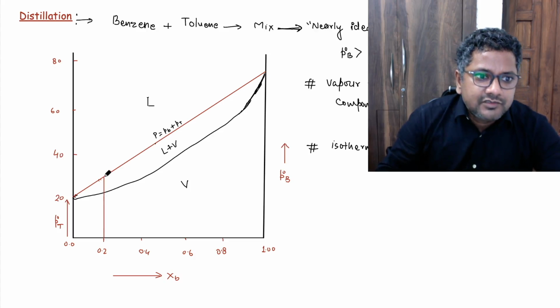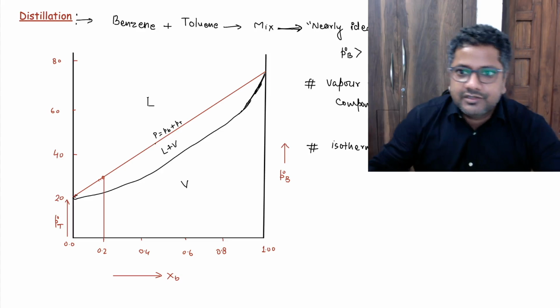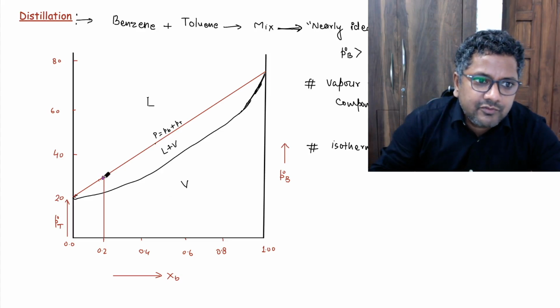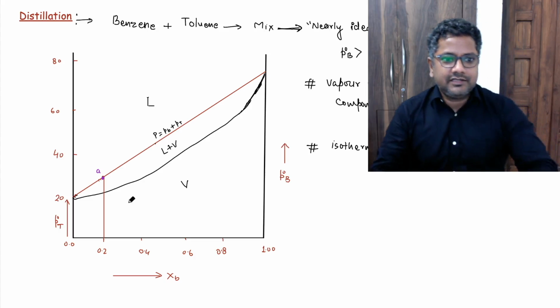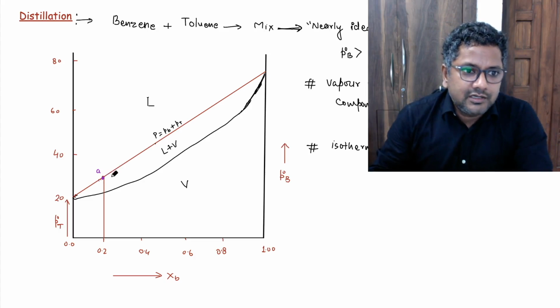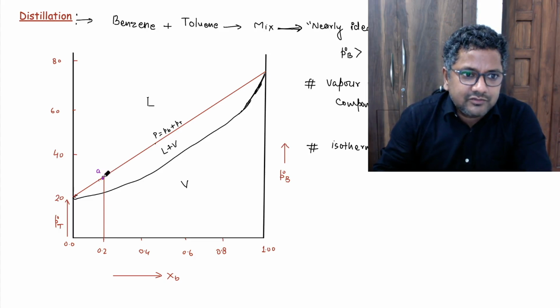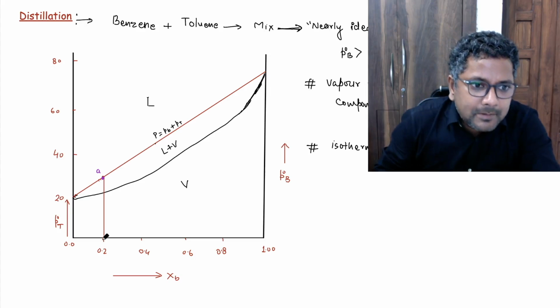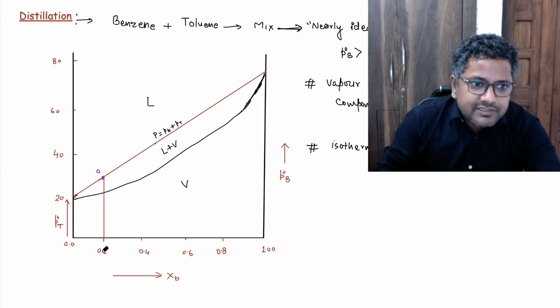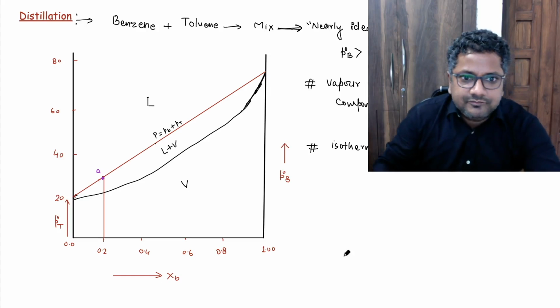Okay, so I am taking this point, right? See carefully, all of you should focus here, this point, and let this point be A. At this point, at this pressure, whatever the total equilibrium pressure, the composition of the liquid phase, X benzene, is 0.2.